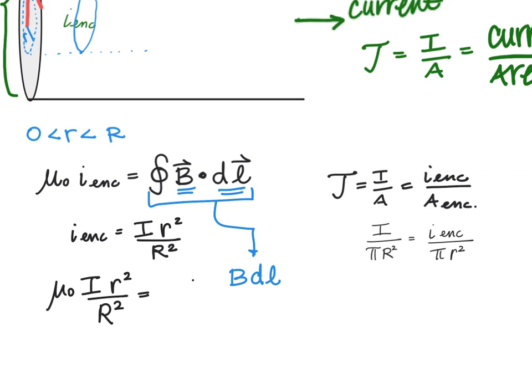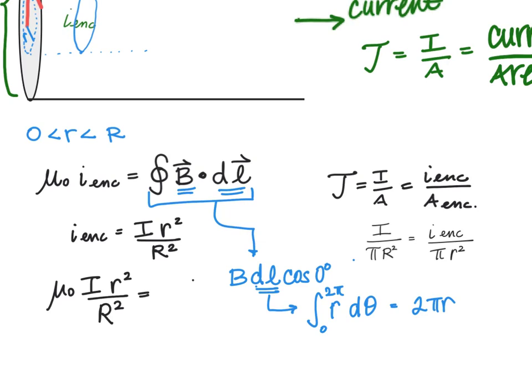And so we would have, by definition, the dot product is the magnitude of the first vector times the magnitude of the second vector times the cosine of the angle between them, which is 0 degrees because they're parallel. And dl is integrated, or is really r d theta, because it's an arc length from 0 to 2 pi, which would be 2 pi r.